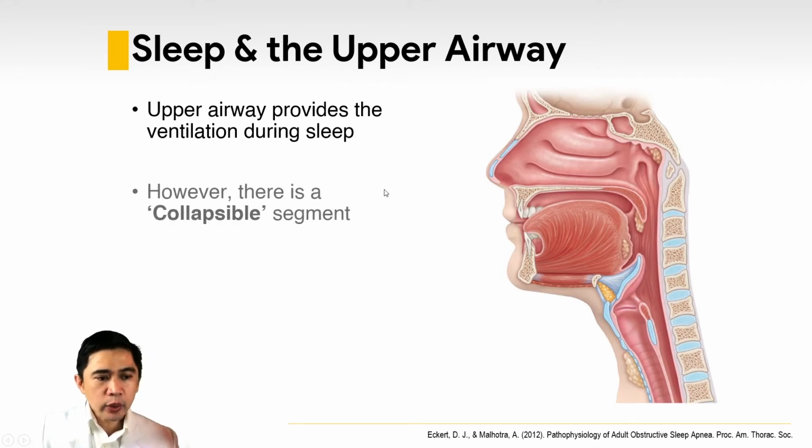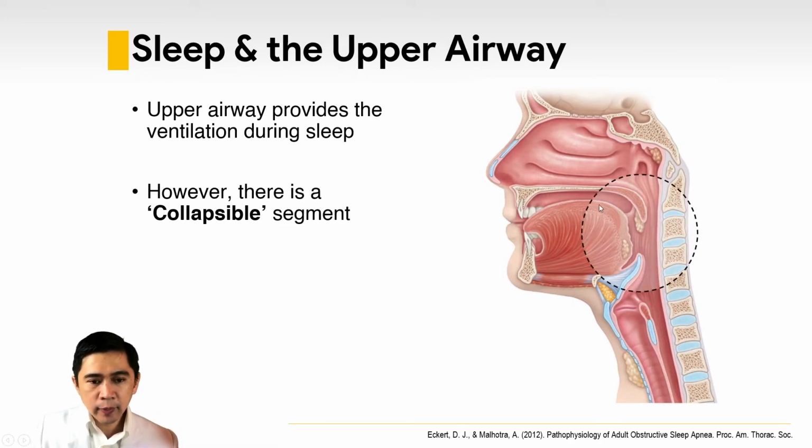However, there is what we call a collapsible segment in our upper airway, which doesn't have bony support or cartilaginous support. Can you guess where it is? It is somewhere here. So it is in the start of the soft palate and the back of the tongue, and somewhere just near the epiglottis and the back of the throat.